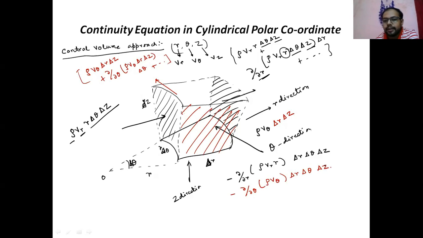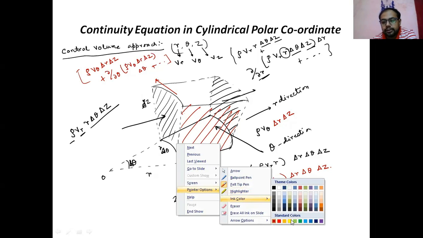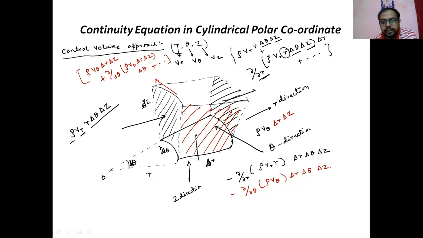This is along the theta direction. Same way, along the z direction, if you are considering rho vz, what is that area? r del theta into del r.